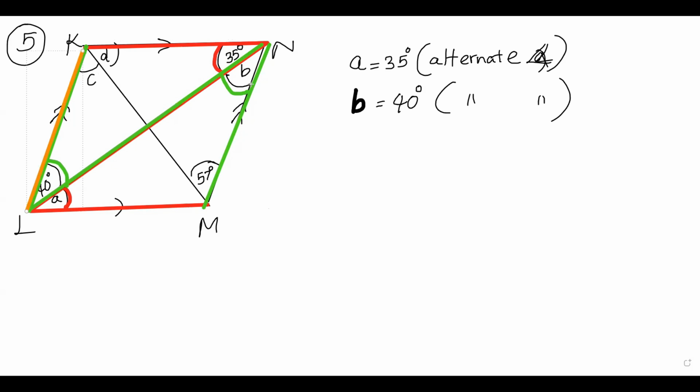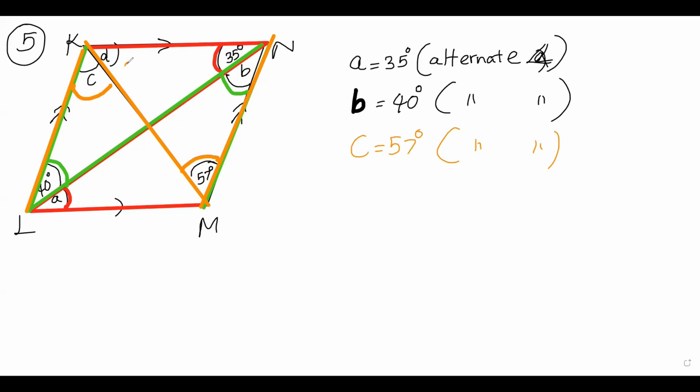If I take this yellow color, this angle and this angle are again alternate. So C should be equal to 57, again alternate angle. You can see the Z there. These are parallel lines. You can take it as an alternate. Okay, no worries.